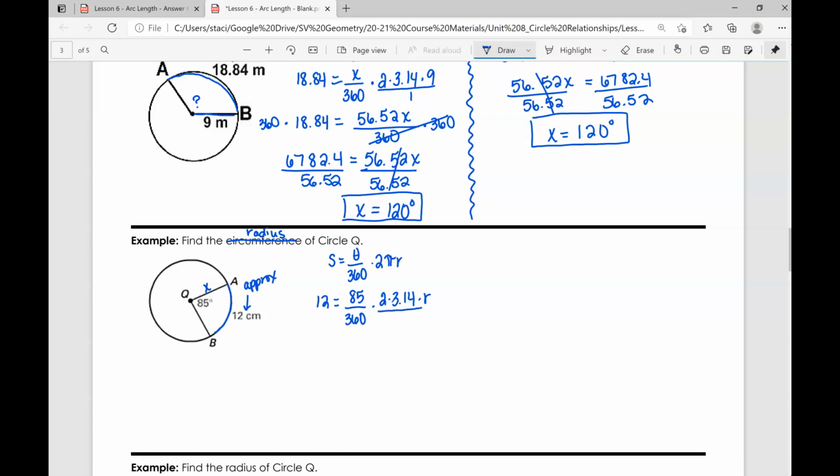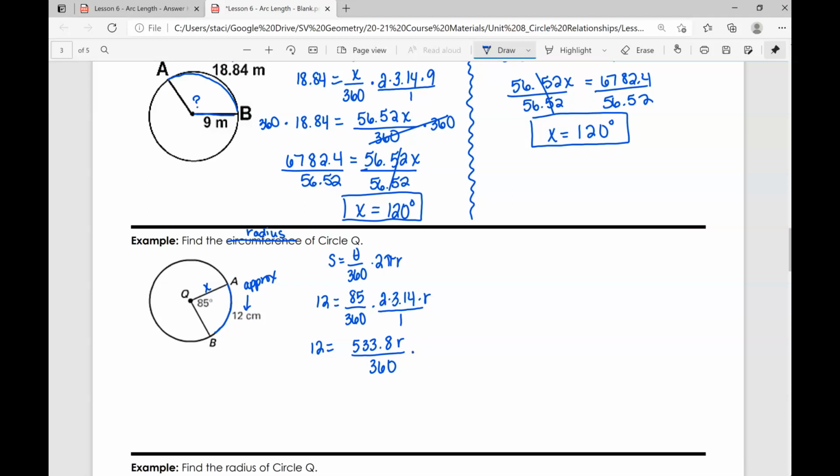Then I'm going to put this all over 1 because I'm going to multiply the numerators and denominators together. When I do that, I get 85 times 2 times 3.14, which is 533.8 times r over 360.